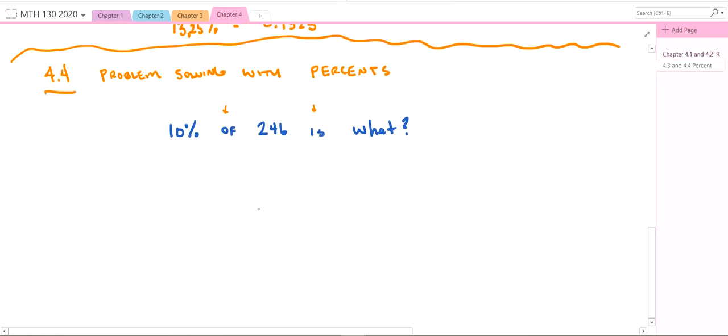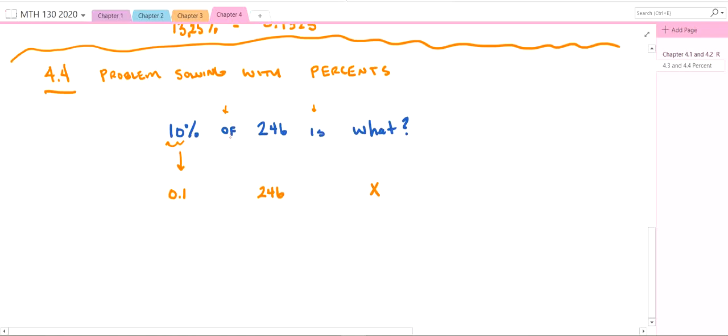And when it comes time to turn this into an equation, the first thing we'll do is we'll convert this to decimal, 0.1. I move the decimal place twice. 1, 2. Convert it to a decimal. 246 we're going to leave in there as just the actual number. For what, I'm going to stick a variable in, call it x.